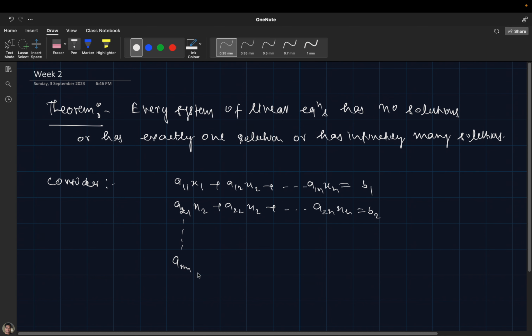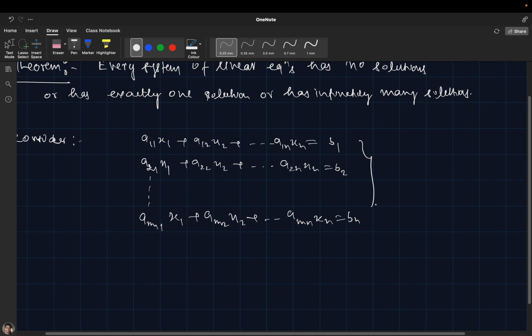Similarly, am1 x1 plus am2 x2 plus dot dot dot amn xn equal to bm.